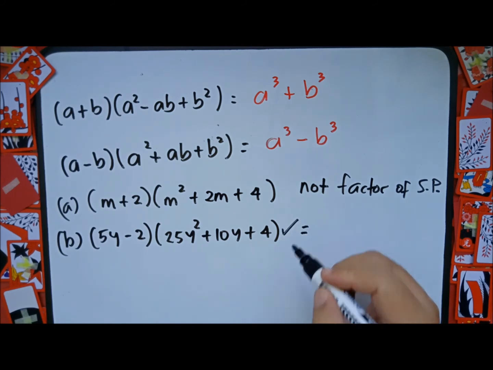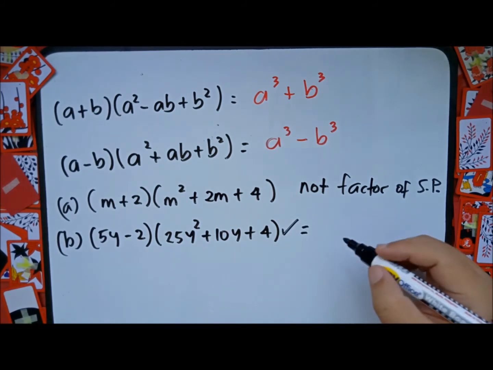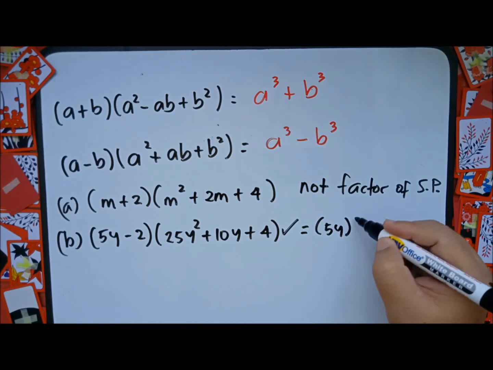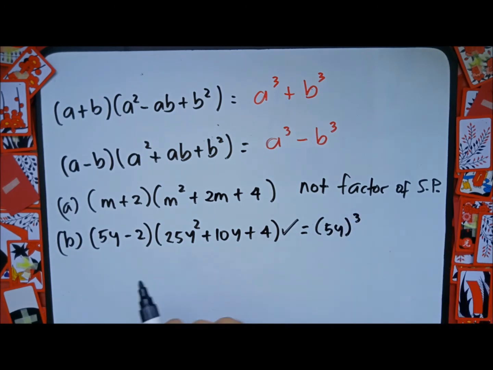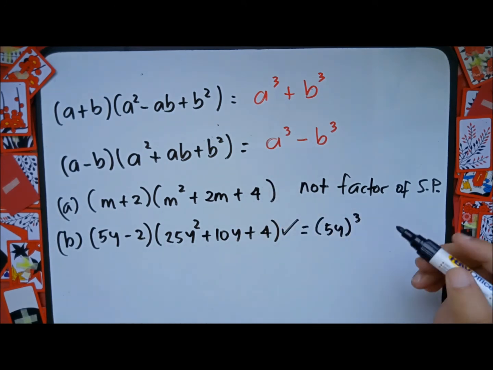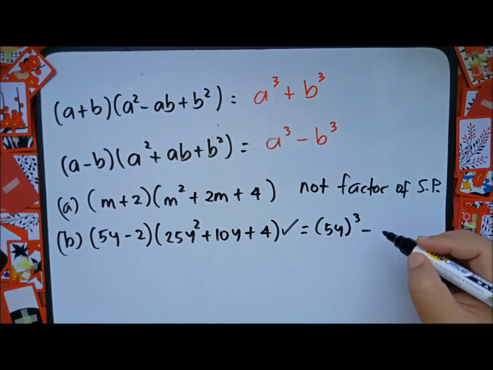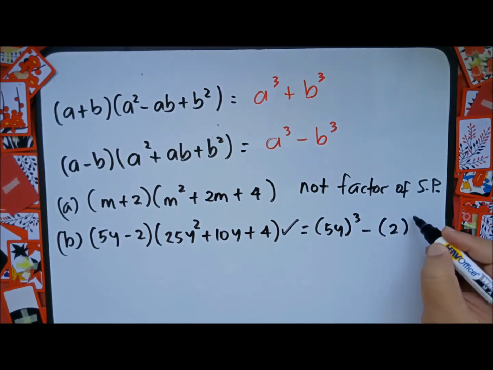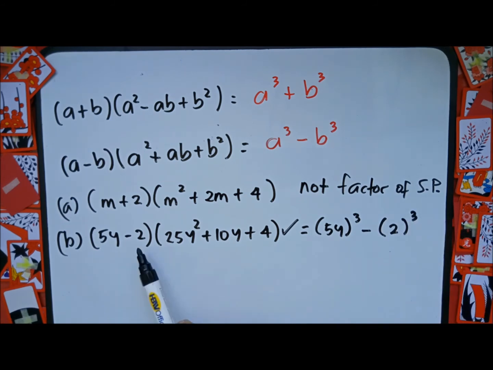And your answer is what? You have to cube the first term. Then since this is negative, you have to follow this pattern. This will become what? Negative your b cubed. Your b cubed is 2. Okay, remember, you will not place the negative sign here on your pattern because this is already carried over.